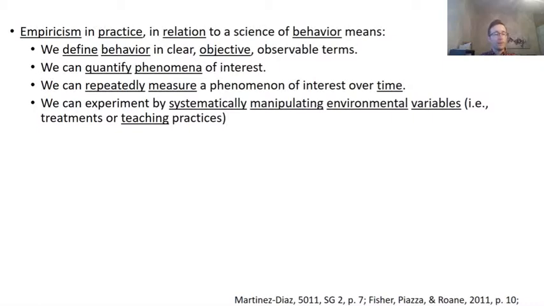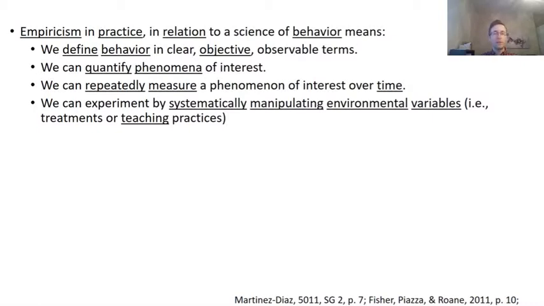For example, in the escape condition, the child was presented with demand, and if and only if they engaged in challenging behavior, the demand was terminated for 30 seconds. In the attention condition, attention was withheld for the session until the child engaged in challenging behavior. At that point, contingent on the challenging behavior, attention was delivered.